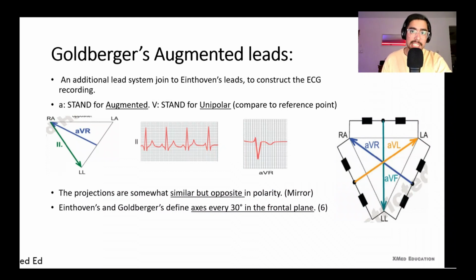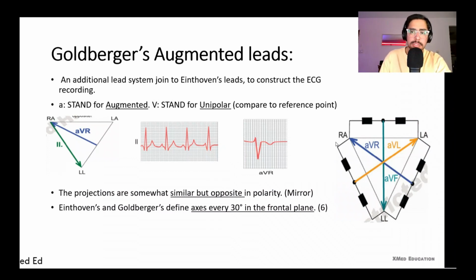The second lead type is unipolar. Unipolar means they are comparing with a reference point. There are no two electrodes to compare to each other, and we show them as V, and it can be aVR if it's the right side, aVL if it's the left side, and aVF if it's toward the leg, like the foot.